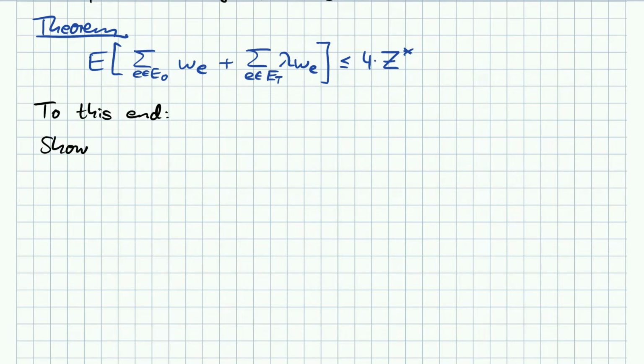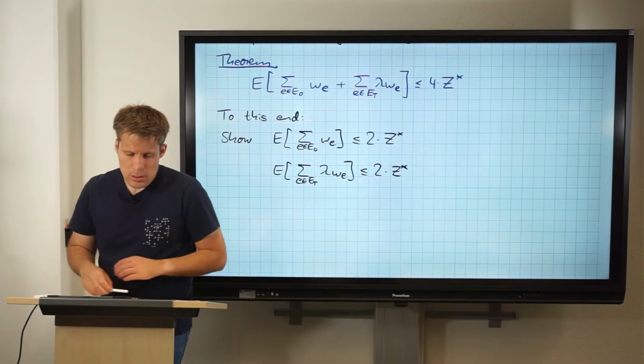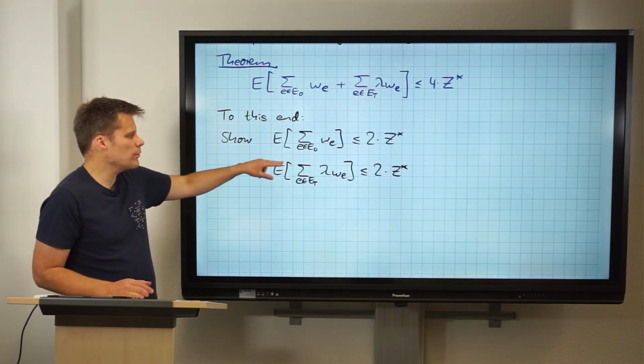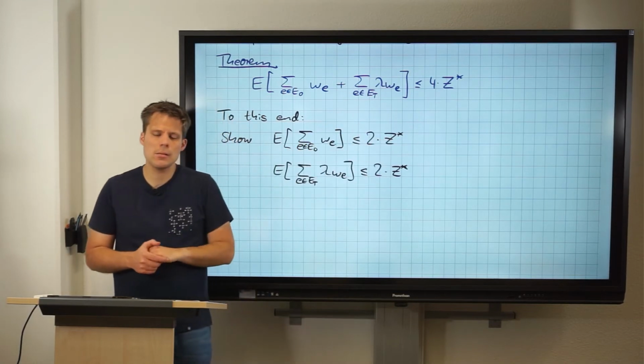We'll show that on the one hand, the costs of the first stage are bounded by 2 times Z star, and we'll also show that the expected costs of the second stage are bounded by 2 times Z star. And in combination, this exactly gives us what we want, namely if we just add up the two, then we have this guarantee.